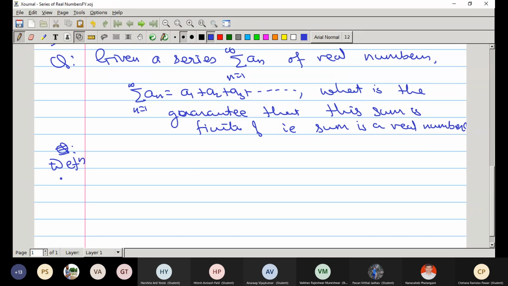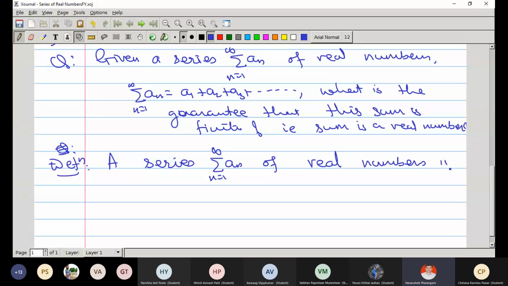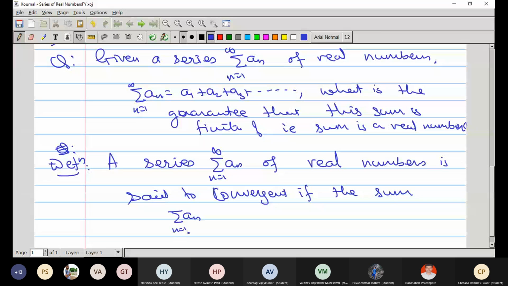So a series an of real numbers is said to be convergent if the sum is a finite number.